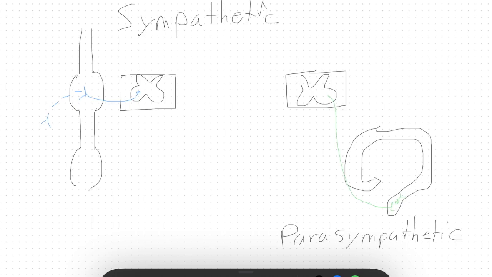For receptors, the parasympathetic system has cholinergic receptors, which include nicotinic and muscarinic subtypes. The parasympathetic system is known as the rest and digest system, causing slowing of the heart rate, constriction of the bronchioles, and promoting digestion and conserving energy in the body.